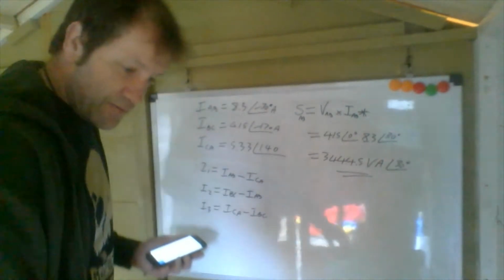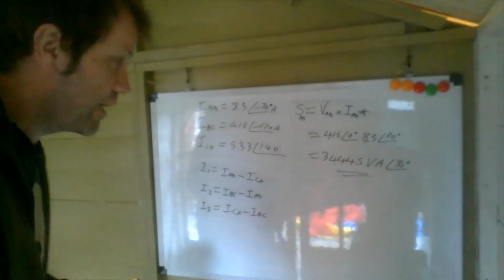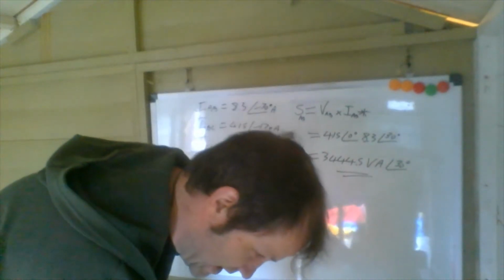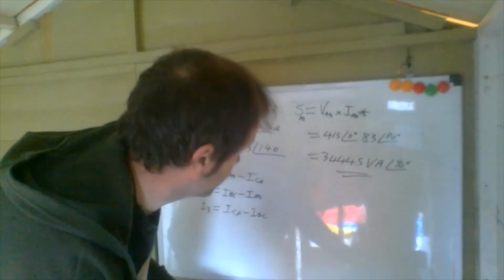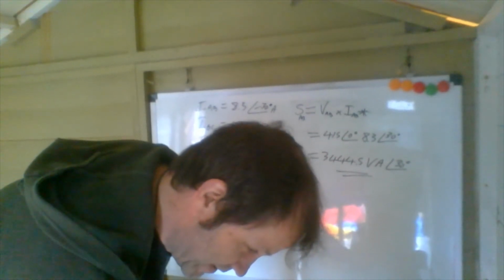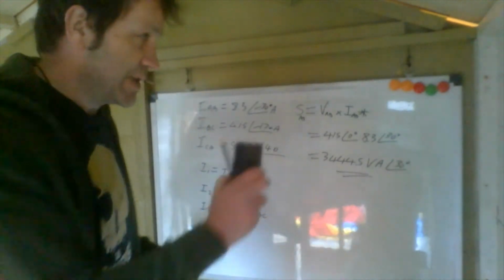I'll put them on this wee bit of paper down here. So SAB is equal to 3,444.5 volt amps at 30 degrees. Excellent.